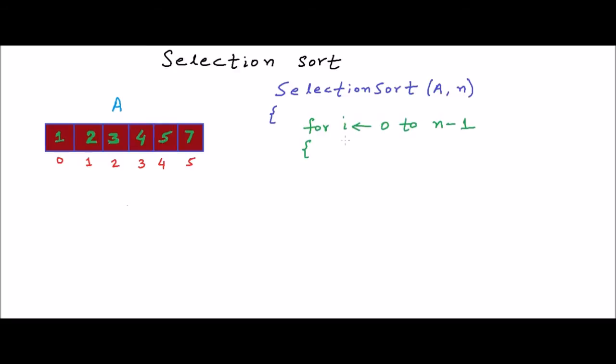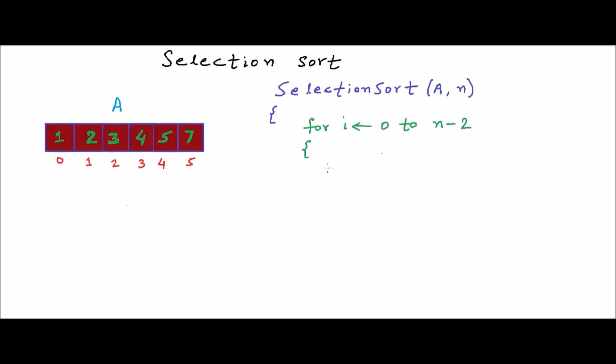And so first we will put the minimum at 0th position, then we will put the second minimum at 1th position, and so on. In fact, we only need to run this loop till n-2, because once we are done with all i's till n-2, the element at position n-1 will anyway be at the correct position.